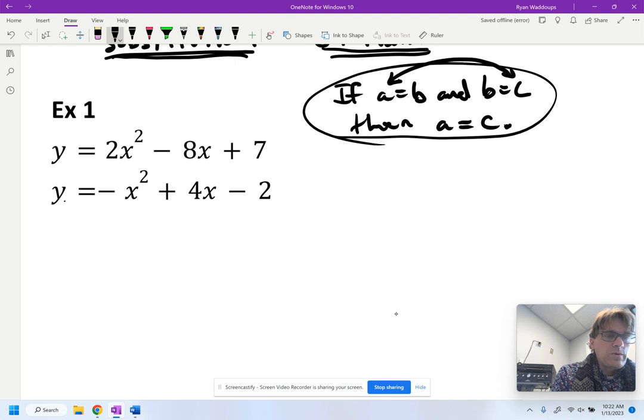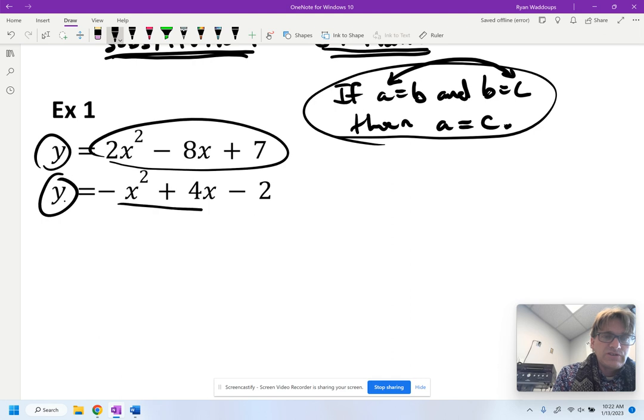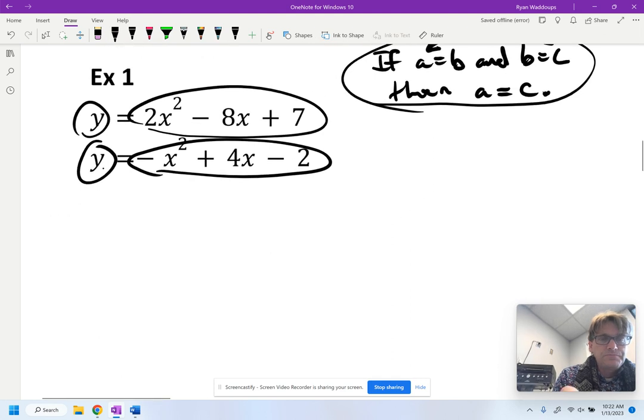That's what we have here: y is equal to this and y is equal to that. And so we can take both of these equations and set them equal to each other. Let's look at what that looks like.